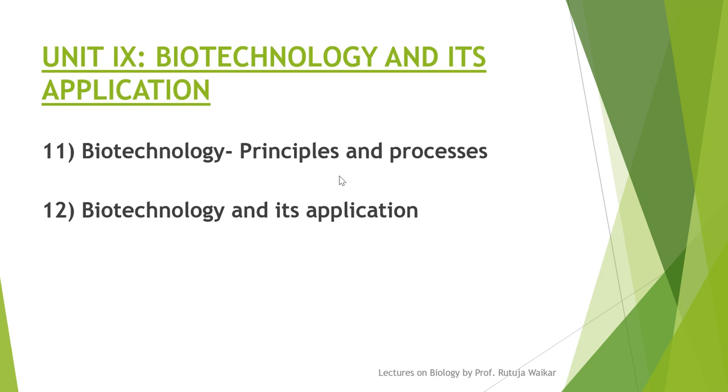This unit has 10 marks, while the last unit, biology and human welfare, has 14 marks. Only 2 chapters are there: biotechnology principles and processes, and the 12th chapter, biotechnology and its application. You have to study in both chapters what gene therapy is, what human insulin and vaccine production are, then genetically modified organisms. That all you will study in unit number 9, biotechnology and its application.